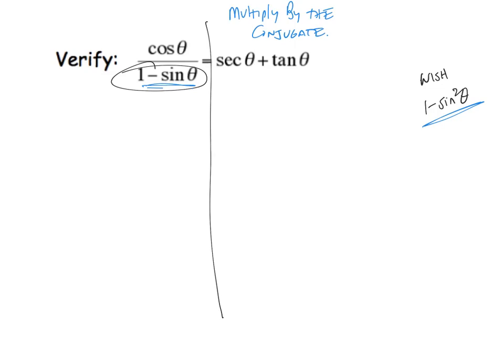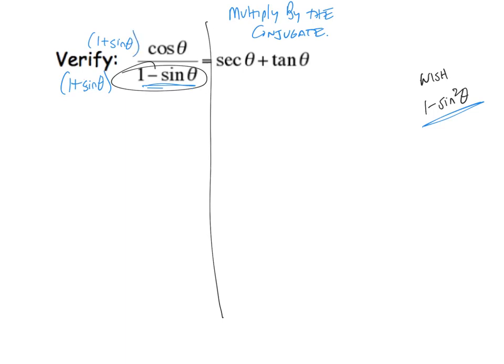So I'm going to multiply the top and the bottom by the complex conjugate, or the conjugate, which would be 1 plus, oops, let me fix that. It would be 1 plus sine theta, and I'm going to do that on top and bottom.